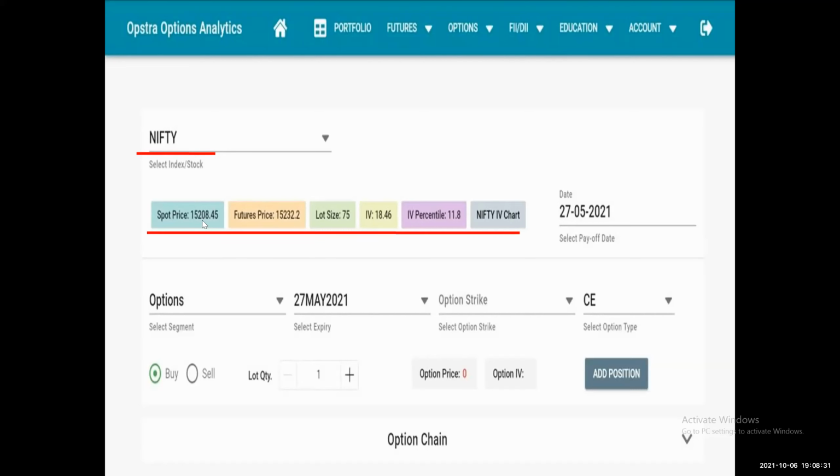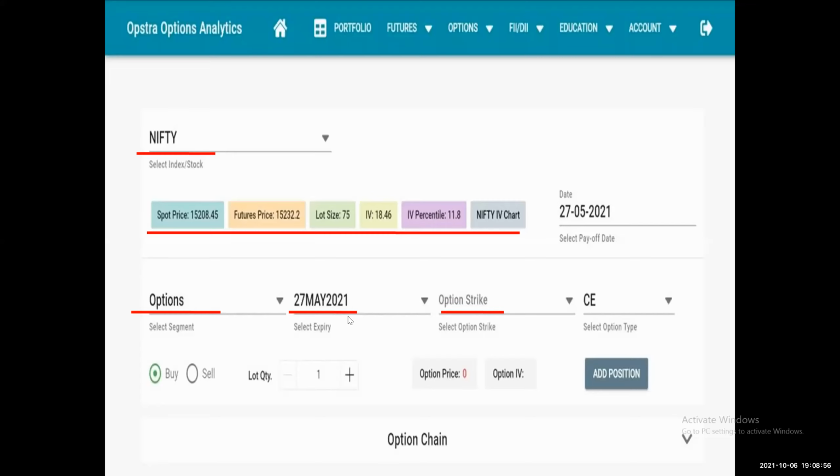Next line is the spot price, the future price, the lot size, the IV percentile, and the Nifty IV chart. Next is the options. Here in the drop down, you can choose between the options as well as the futures. Next, where 27th May 2021 is written, that is the date of expiry you can choose.